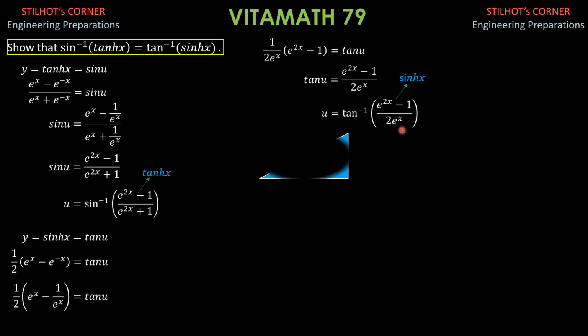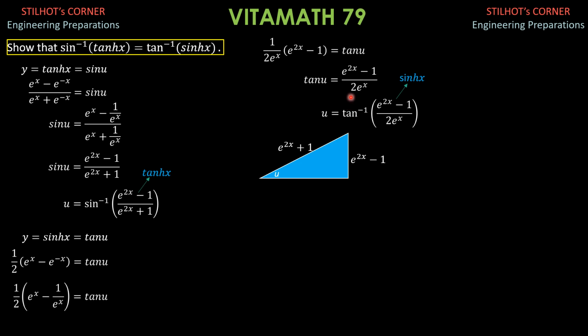So we then have a right triangle, and if this is the angle u, then from this definition here, opposite should be e to the 2x minus 1, and the hypotenuse should be e to the 2x plus 1.